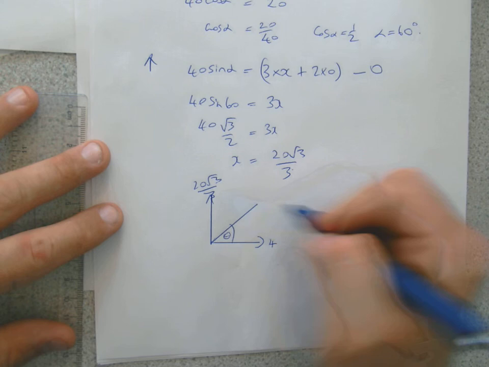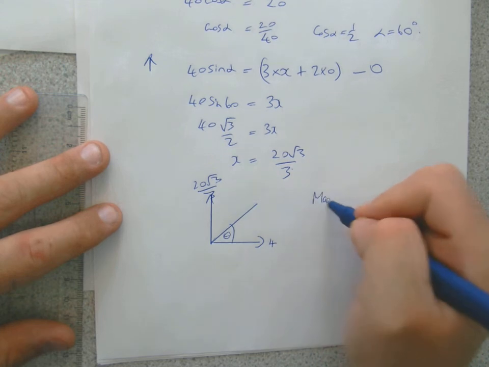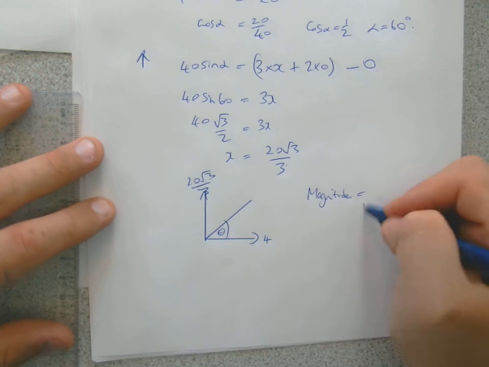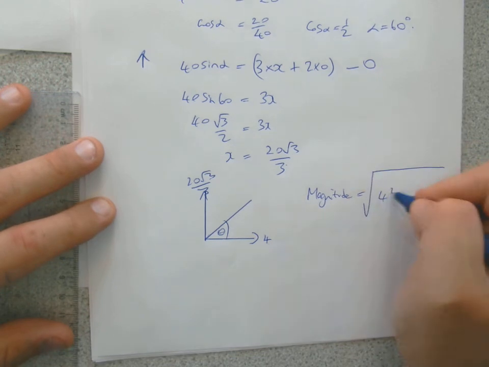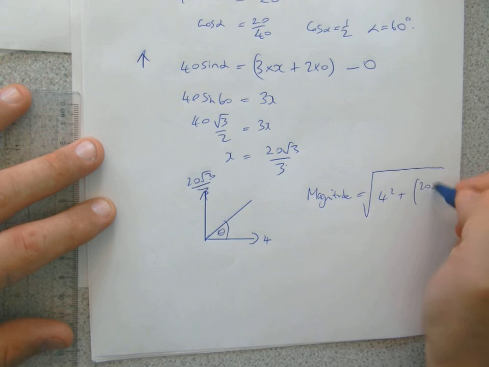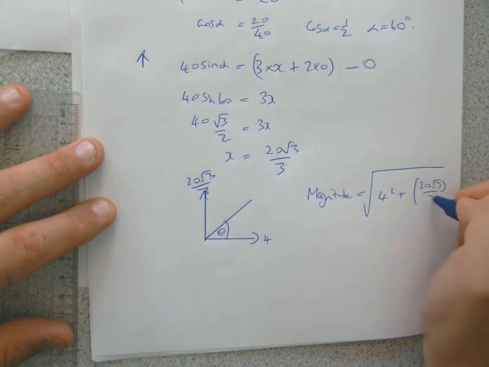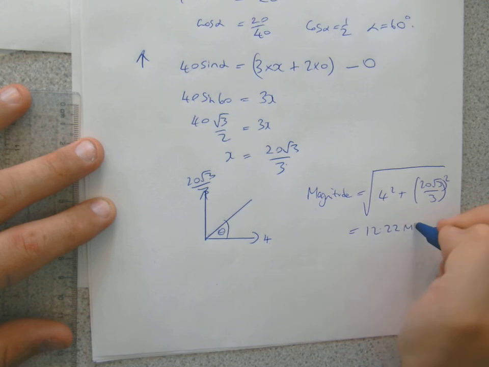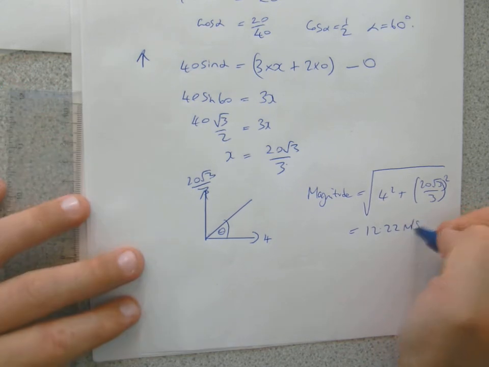The magnitude will use Pythagoras: 4 squared plus this squared. Work that out on your calculator and you get 12.22 meters per second.